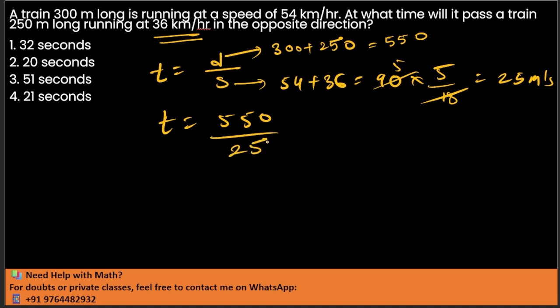So how many times? 25, 2 times it will be 50, so 2 times, and again 50, so 2 times, 22 seconds. Okay, so 22 second is the right answer.